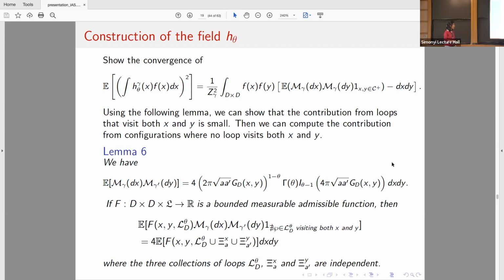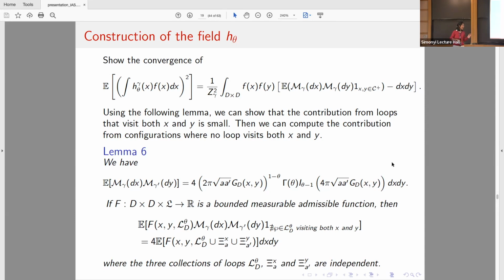For example, this line below looks complicated, but what it is saying is that in the case that there is no loop that visits both points x and y, then if you integrate some function f on x, y, and the local time field according to the multiplicative chaos measure, it is the same as if you integrate according to the Lebesgue measure, but you add, because the multiplicative chaos measure is a measure on thick points of the loop soup, some additional thickness to the points x and y.